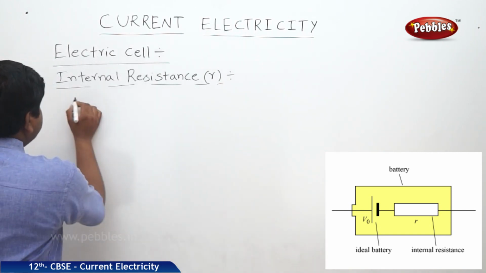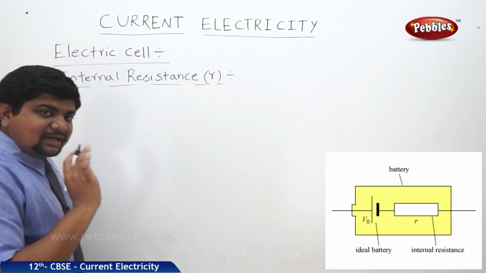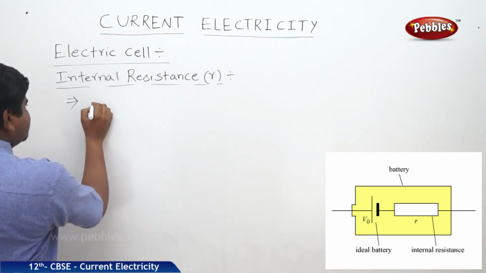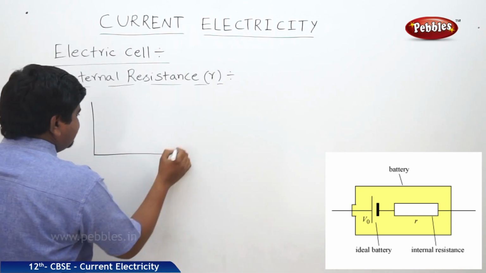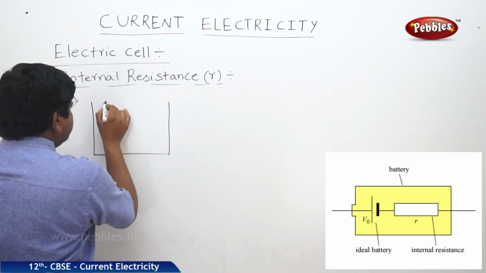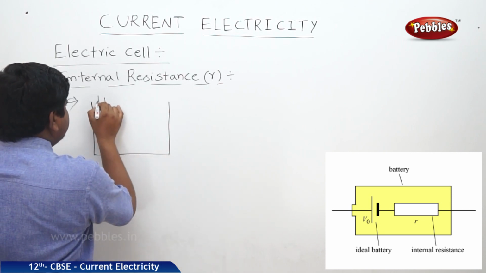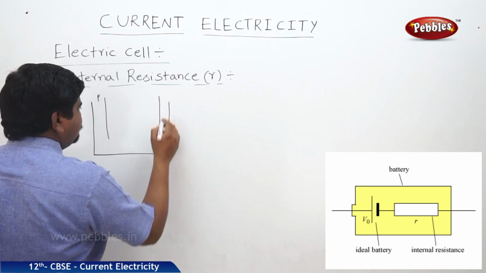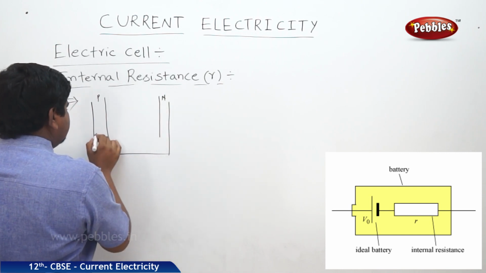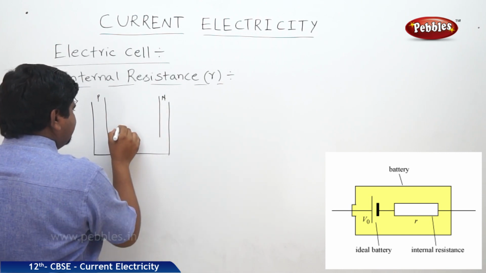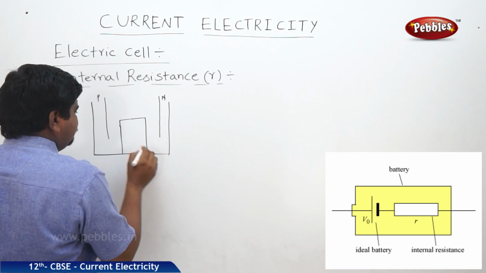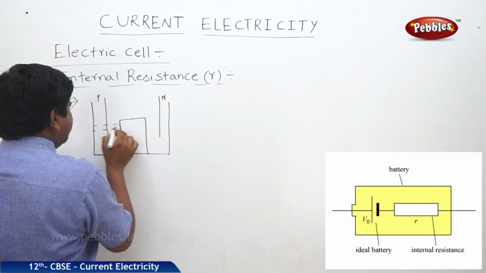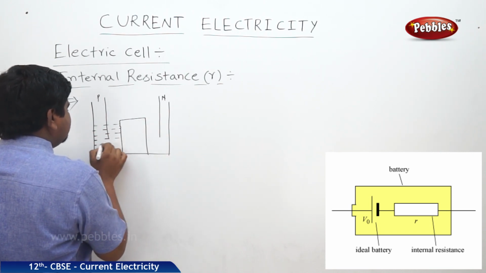So what is internal resistance? Again, just go back to the structure of the electrolytic cell. Positive electrode P, negative electrode N, separated by an insulating wall, but these two rods are dipped in electrolyte solution.